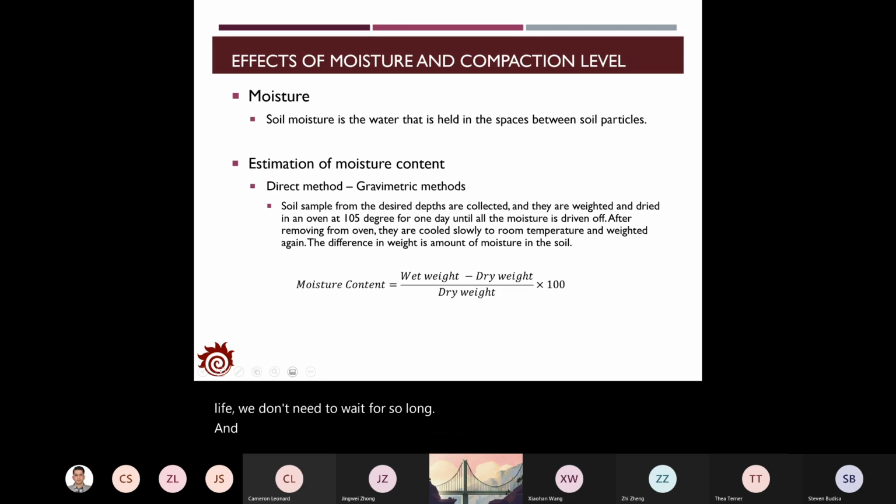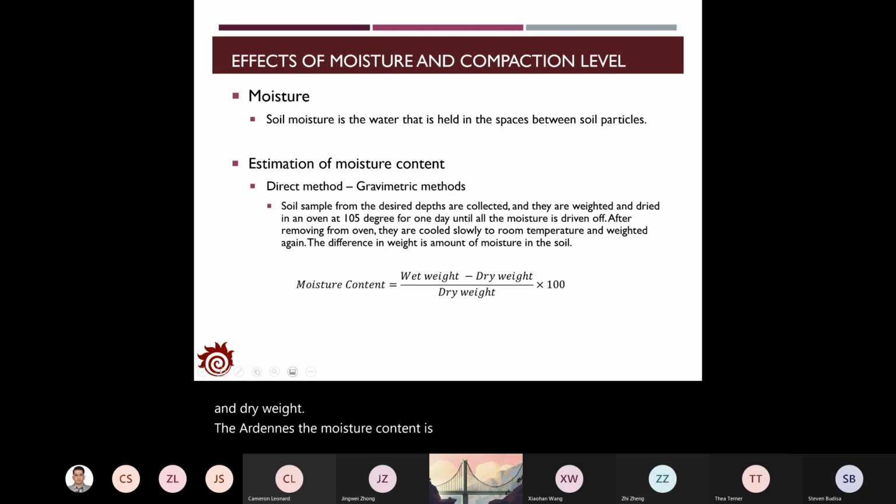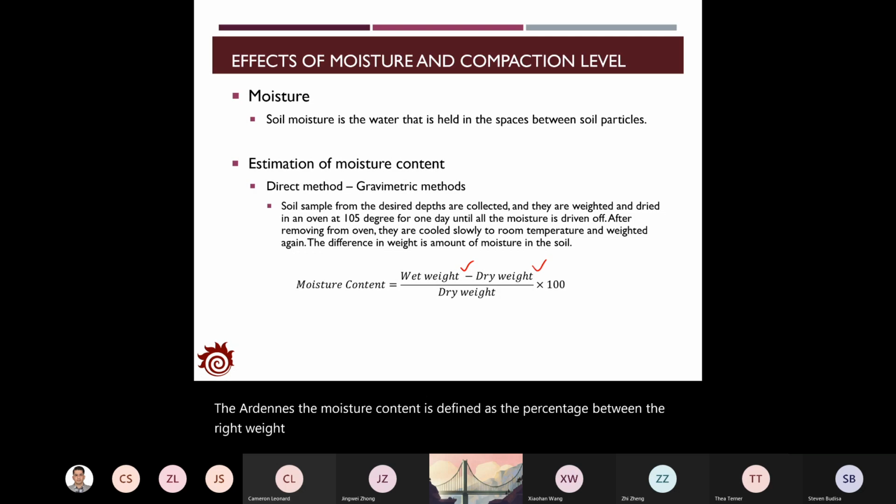If you put the sample in the oven for long enough time, then all the moisture will be removed from the sample. And after that, you will weigh the dry sample, and then you will have two values: the wet weight and the dry weight. Then the moisture content is defined as the percentage between the wet weight and the dry weight.